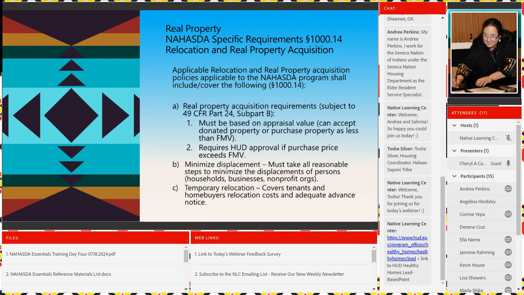You're to minimize that displacement. Take all reasonable steps to minimize the displacement of persons, households, businesses, nonprofit organizations, and then temporary relocation. Covers tenant and homebuyers relocation cost and adequate advance notice.